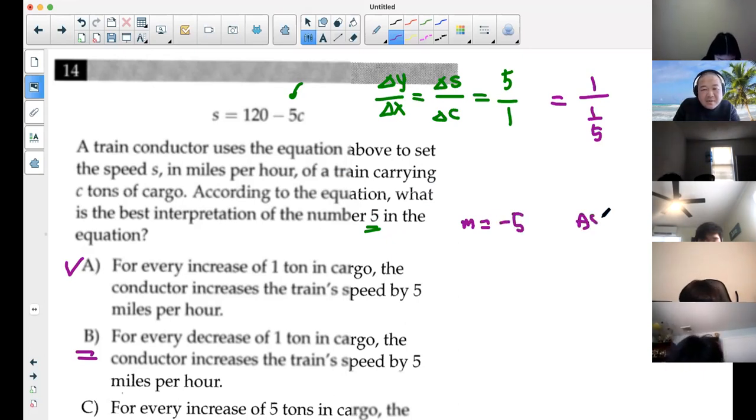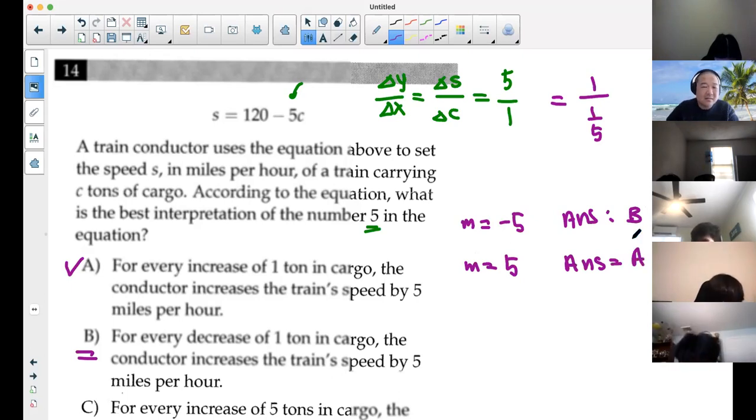then the answer would be B. When slope is equal to 5, then the answer has to be A. Is that clear, guys? So sorry for the confusion.